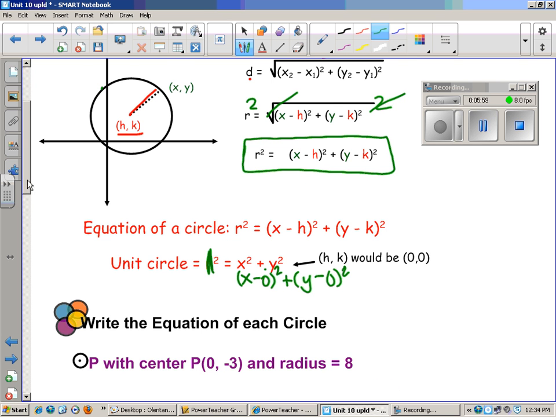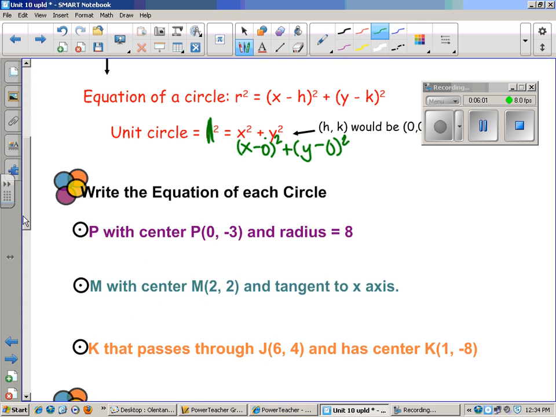Okay, let's see if we can write some more equations. We have circle P, whose center is at (0, -3) and its radius is 8. Remember the formula is r squared equals (x - h) squared plus (y - k) squared. Can I fill in the r?